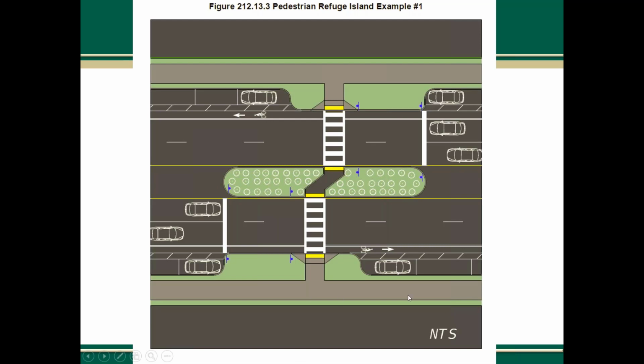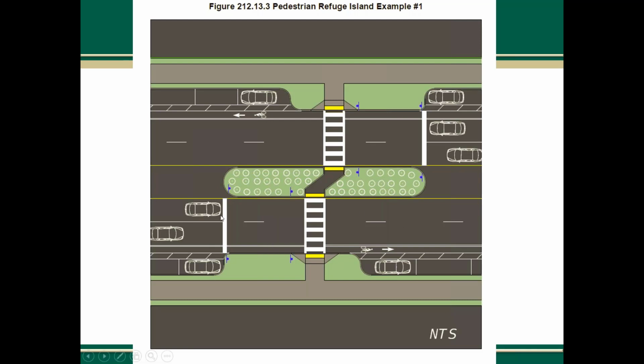Some of the things that I'll call out that we have going on here is we've included in this image a bulb out or a curb extension, so that shortens the exposure distance for the pedestrian. In this picture, they have on-street parking, but again, if your project doesn't have on-street parking, you can still go ahead and use this to help you out.